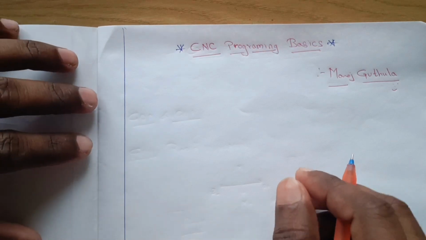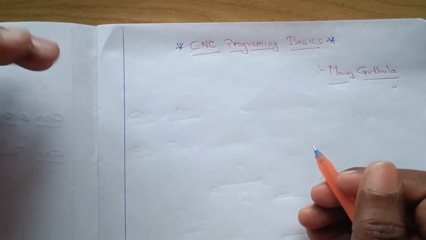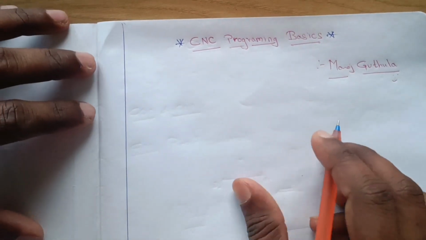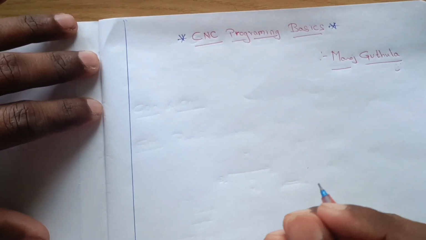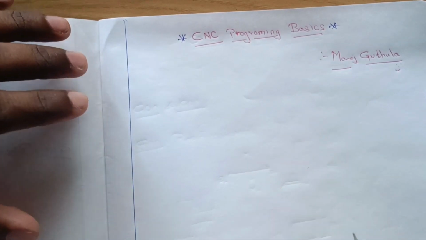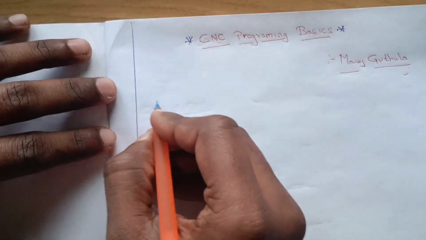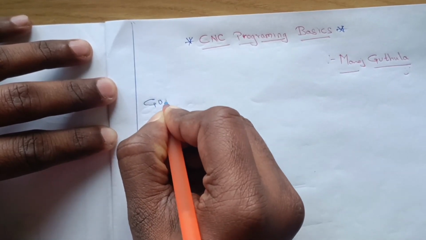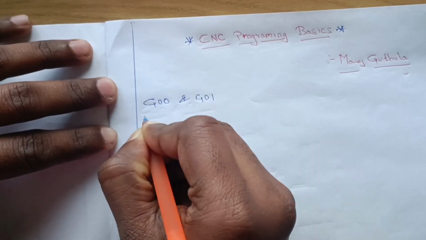I also had a video about the points that need to be known before writing a program. In today's video we see some G codes with brief information, and the video is about G00 and G01.